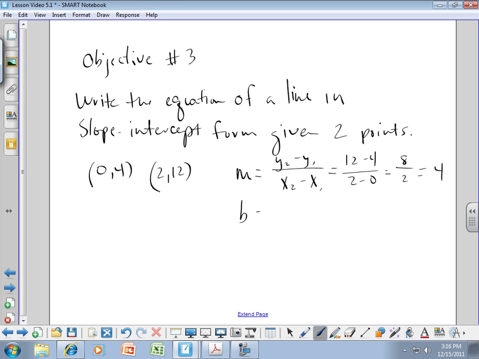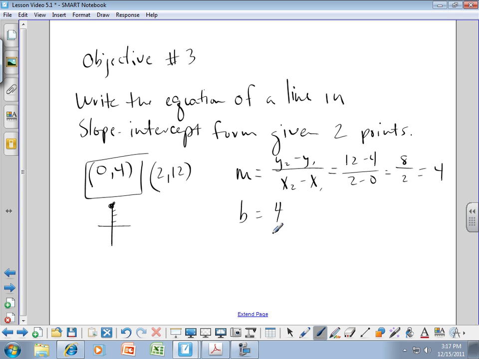Now, all we need to do now is find b. Hey, wait a second. What's that right there? Where is 0, 4 on a graph? Isn't it exactly on the y-axis, which makes it the y-intercept? Yes. And so your intercept there is 4.